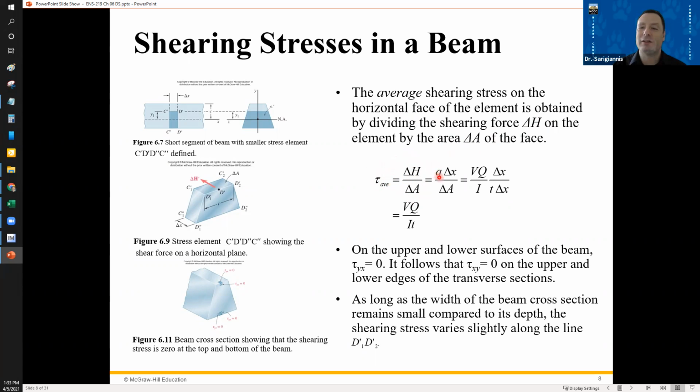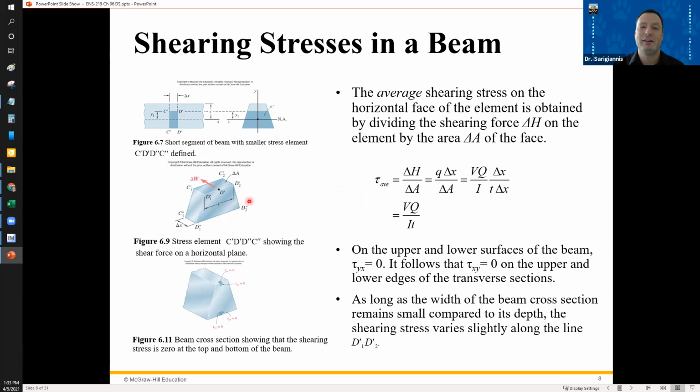Remember, delta H is Q delta X. Delta H is that force, and Q is that force per unit length. So that's force per unit length times unit length divided by area. You can replace this with VQ over I, and delta X over T delta X. This T is the thickness.